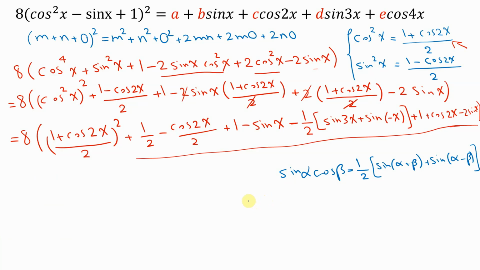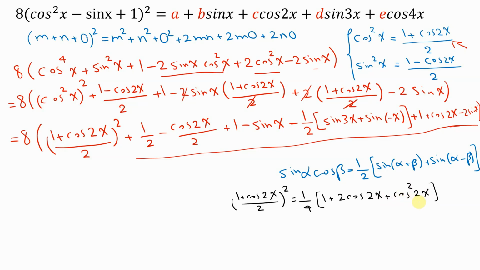Here we have 1 plus cosine of 2x divided by 2 all to the power of 2. So here I'm going to get rid of 2, 1 divided by 4, and here we have 1 plus 2 cosine of 2x plus cosine squared 2x.